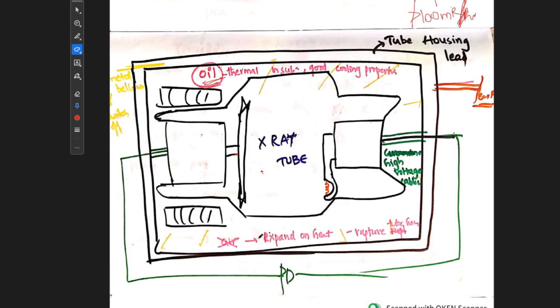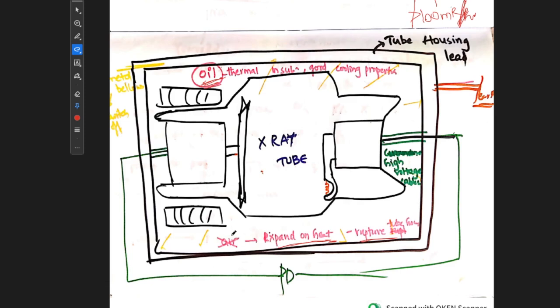One important thing is that we have to make sure that the space between the X-ray tube and the tube housing is filled with oil only. There should not be any air inside the tube housing. If there is any air, it will expand on heating and it will rupture the tube housing.